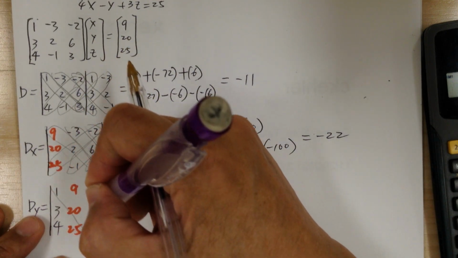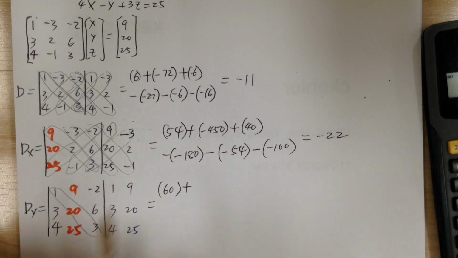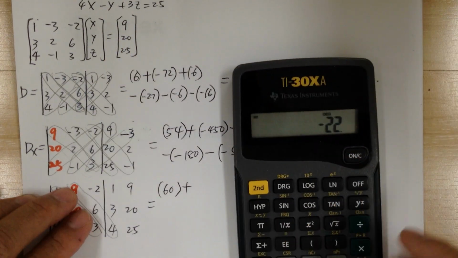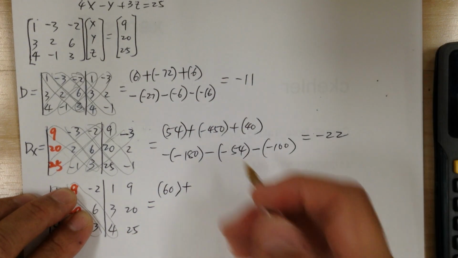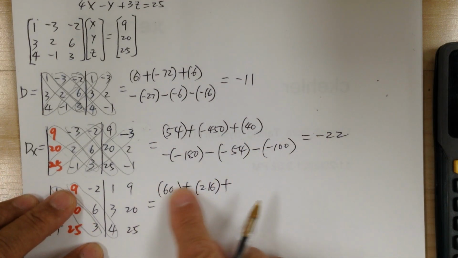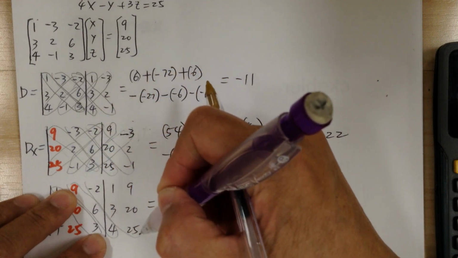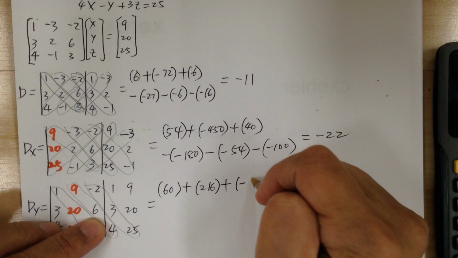Okay, so this diagonal equals 60 plus this diagonal, 216 plus. Notice I put all the plus up here, all the minus down here, right? And this would be equal to negative 150.